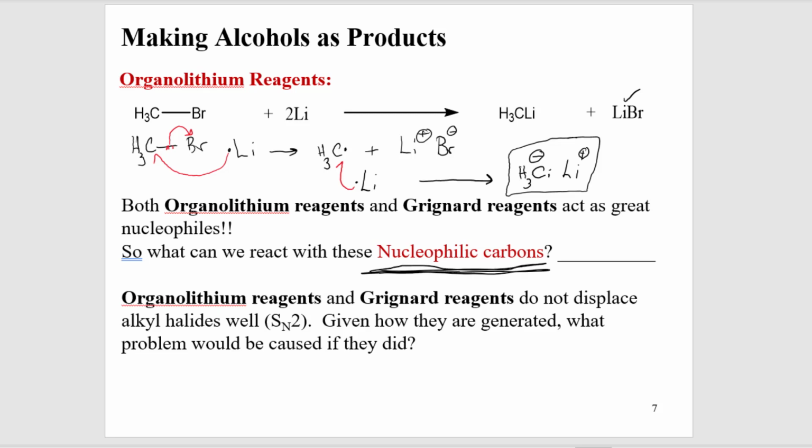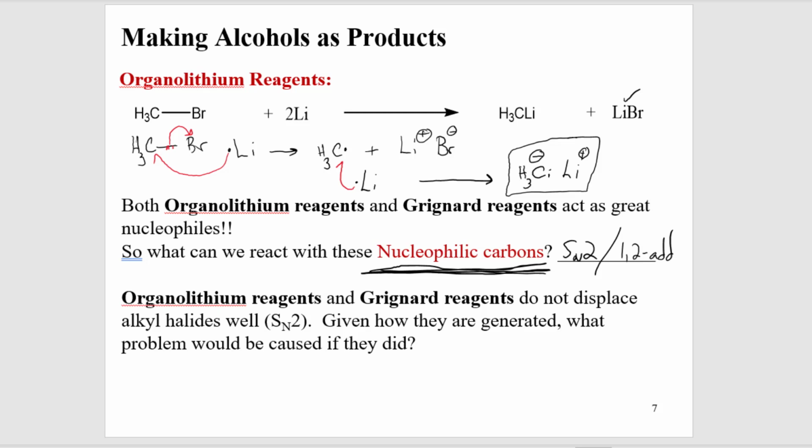So what can we do with these carbon nucleophiles? Well, because it's a strong carbon minus, we can do SN2, or we can do 1,2 additions. So that's what we're going to focus on. Now the good news is, if you think about it, SN2 reactions on an alkyl halide don't work very well for these species. And that's a good thing. You know why?